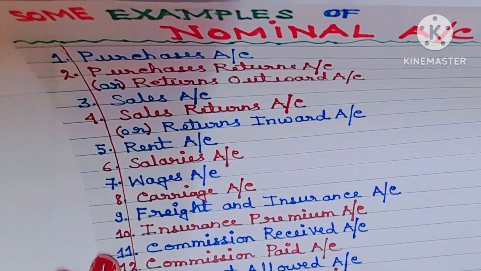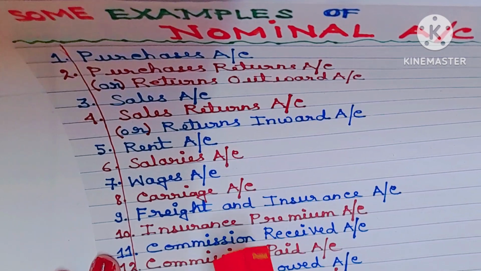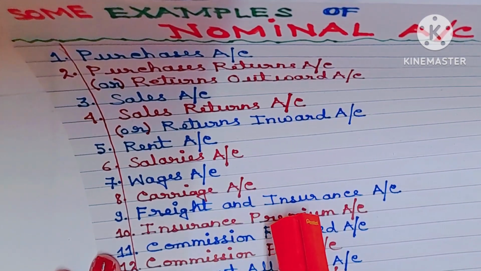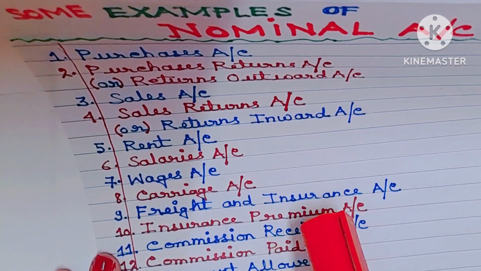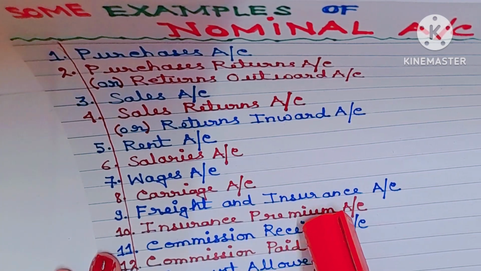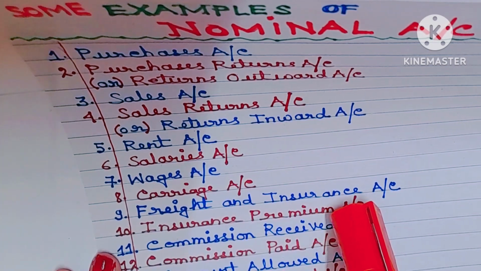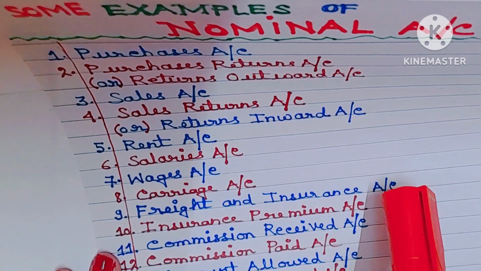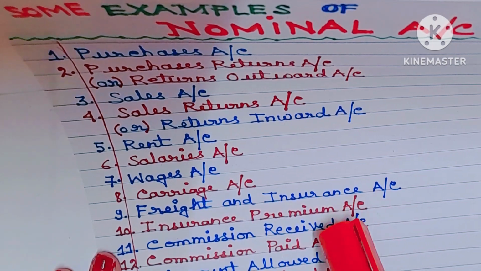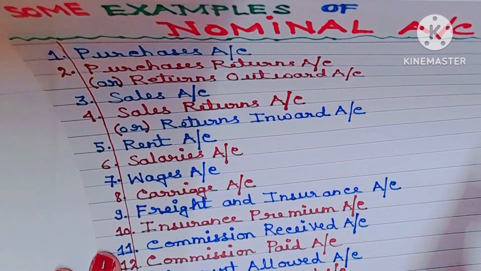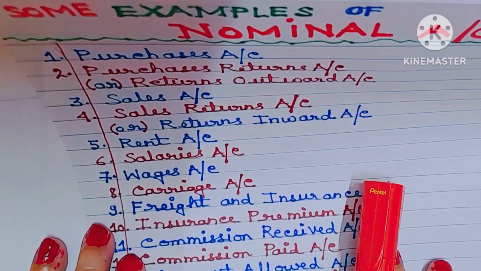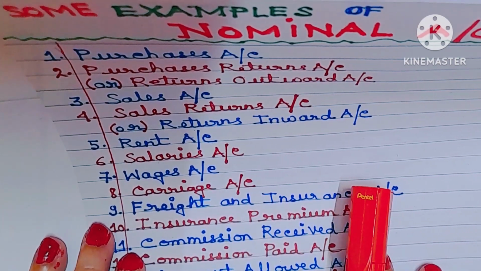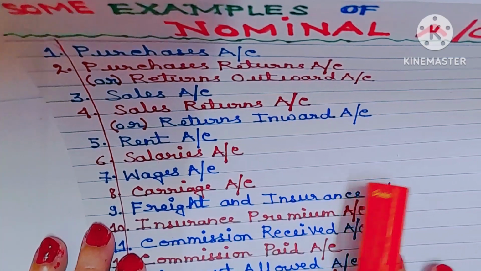Understood? Now, another question is, why do we write purchases account and sales account instead of goods account? Please remember, we write purchases account and sales account because goods are purchased by the business for resale. In other words, goods are the commodities in which the business deals. For example, if a businessman is dealing in cloth and purchases cloth, the cloth will be termed as purchases account.